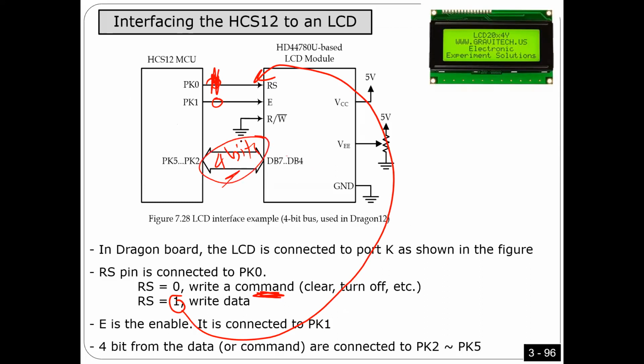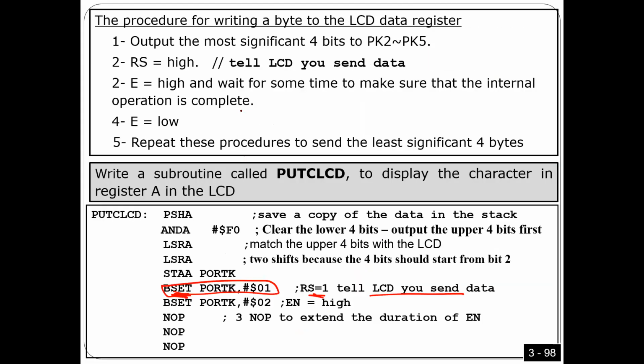Do you think the LCD is going to read it on its own? No. I have to give it a command. I have to order it, right? So how do I give a command to the LCD to start reading, to take this value? Just by generating a pulse here. That's the next step.